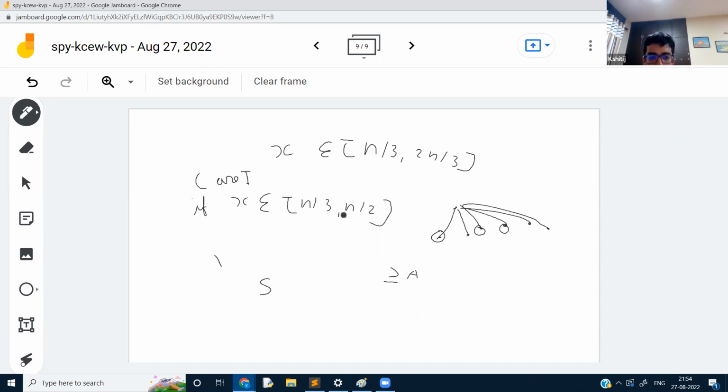So the size, let it be T, this connected component T is greater than A. And now if we look at the remaining nodes, they are also connected through the centroid and through the respective subtrees. This is connected.